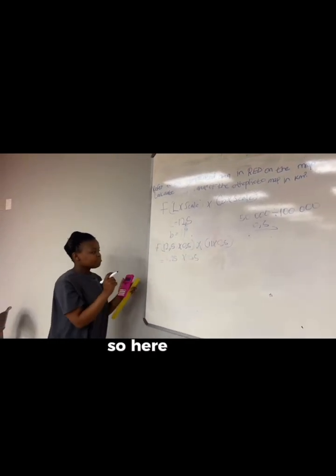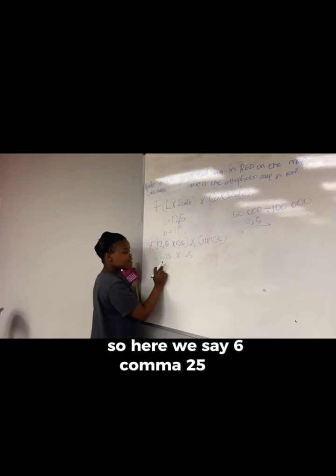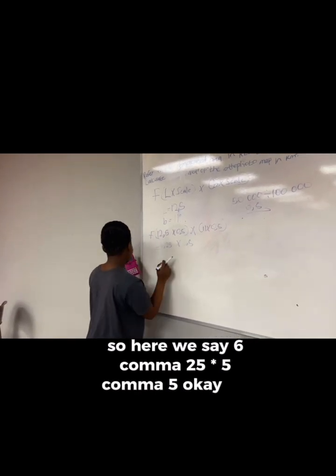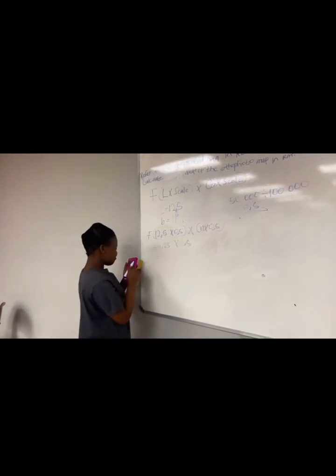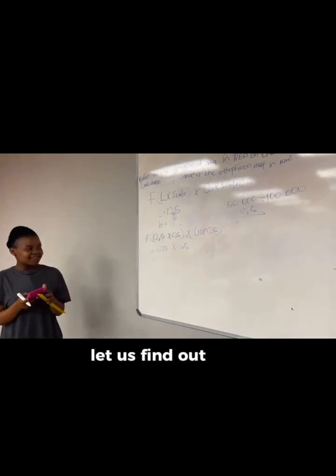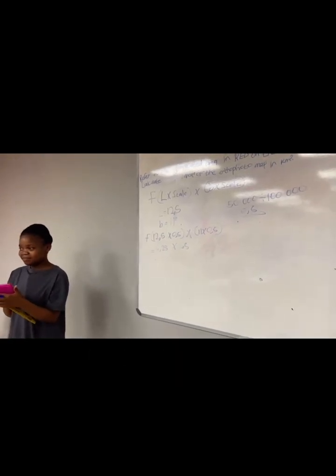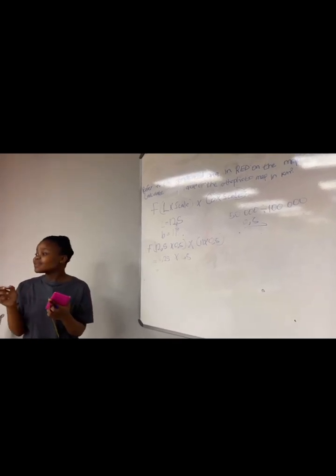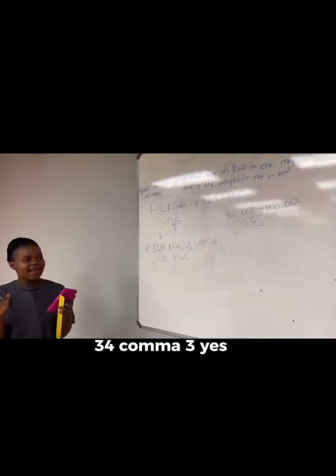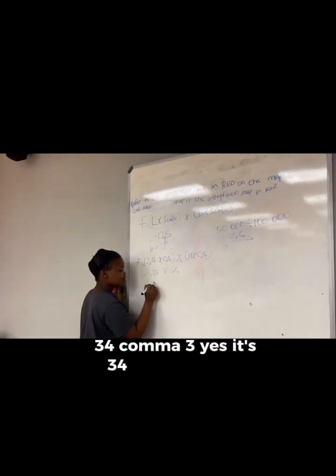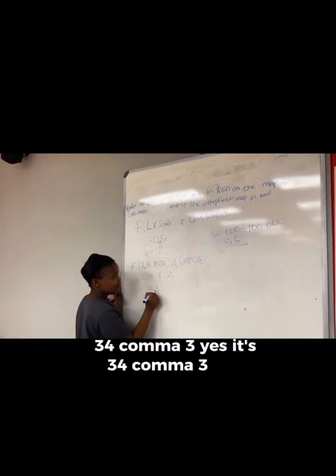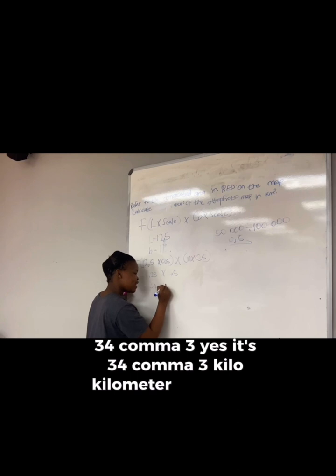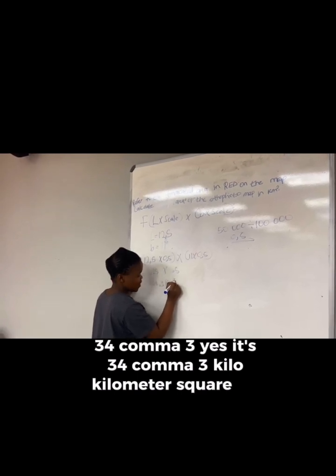So here we say 6.25 times 5.5. Let us find out what's the answer. 34.3. Yes, it's 34.3 kilometers squared.